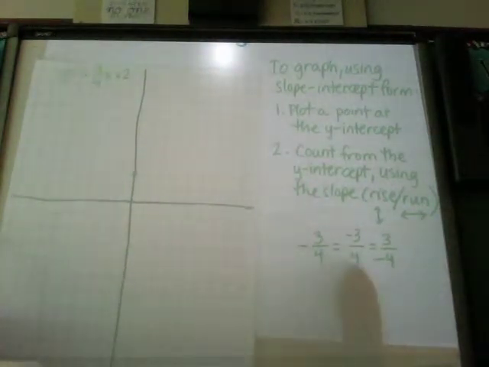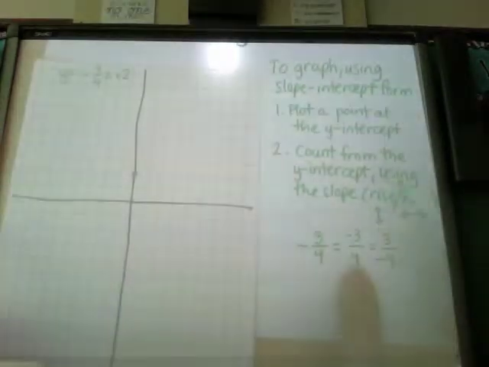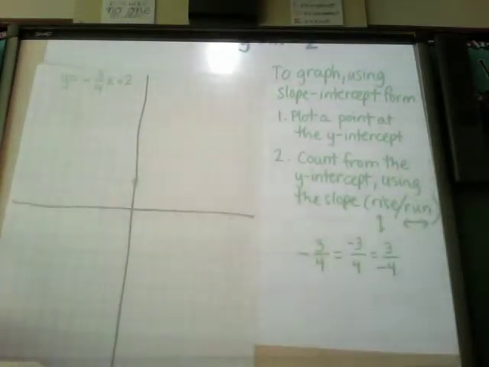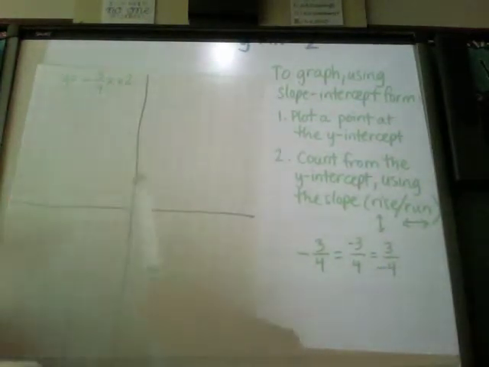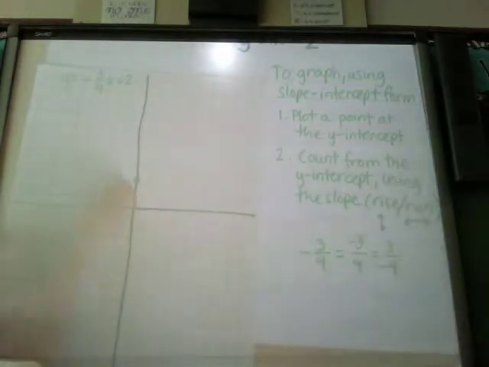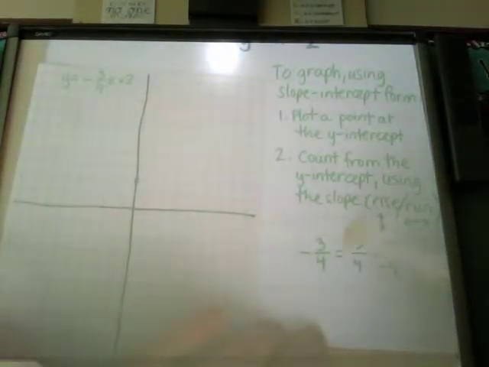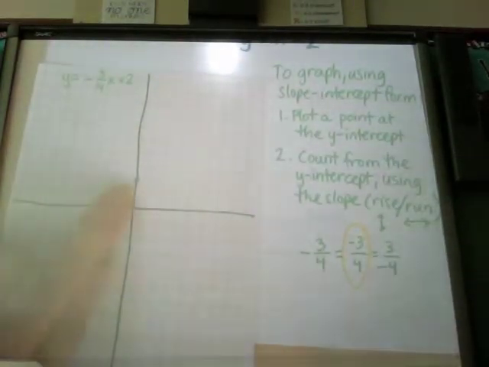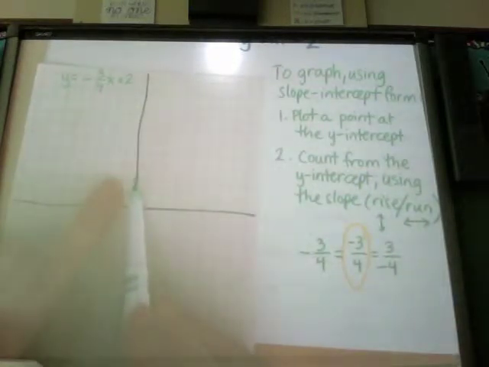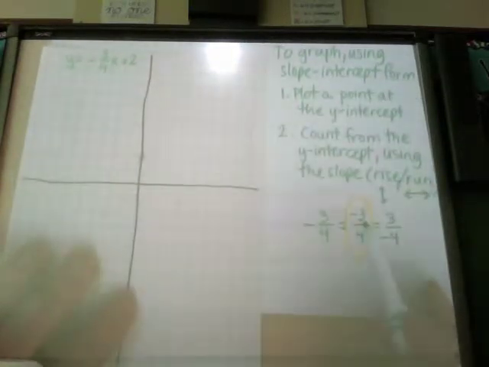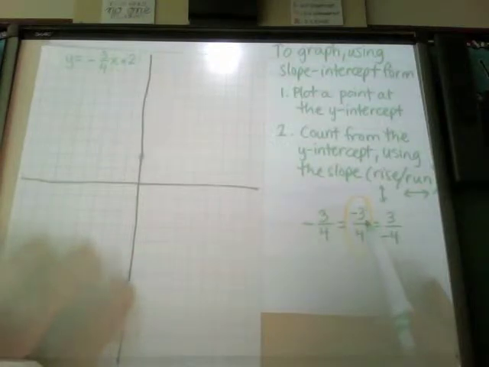Now I'm going to show you one of each. I'll show you counting off, step 2, counting from the y-intercept. I'll show you first using where I put the negative in the numerator, and then I'll show you that it could go in the denominator and it would still work. So here's what I mean by counting off. It's rise over run. Rise means vertical, or up and down. So from this point, if I use this one first, the negative 3/4, this says, again, not starting at 0, starting at my y-intercept, a rise of negative 3.